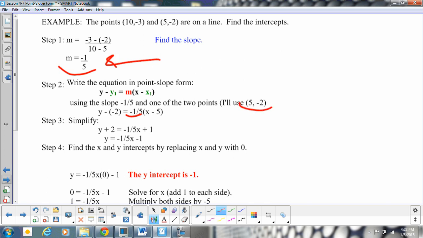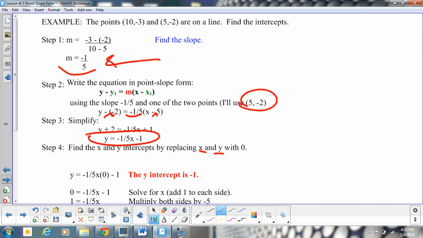This time I chose (5, -2). I put the 5 in for my x and the -2 in for my y. Simplify by distributing, and here's your equation. I'm almost done. Now, how to find the x and y intercepts. I'm going to replace the x and y with 0.